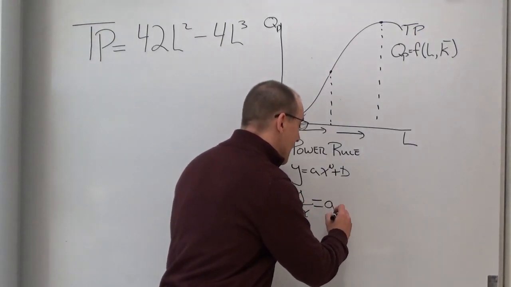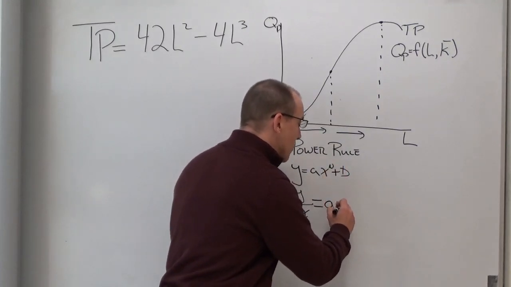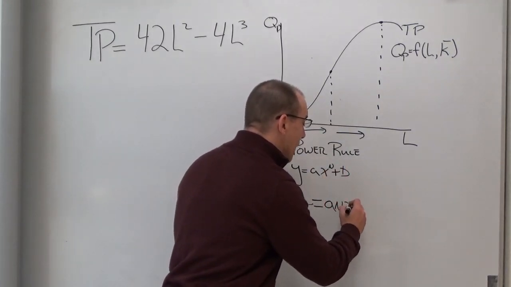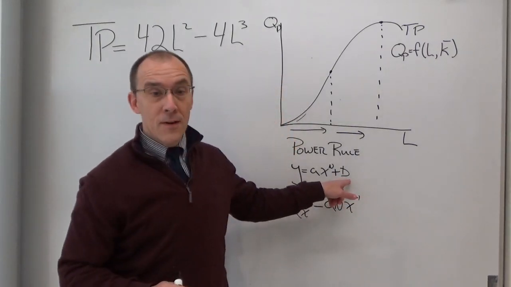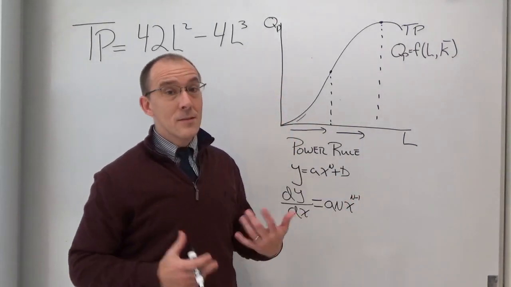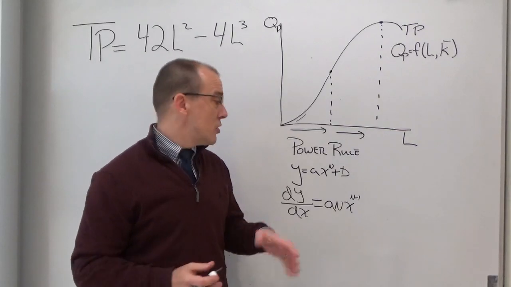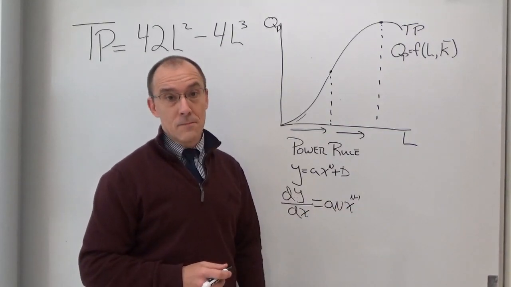I keep my a, I bring the exponent down, I subtract 1 from the exponent, and the b factor goes away. So it's a simple mathematical manipulation that will get us to this.